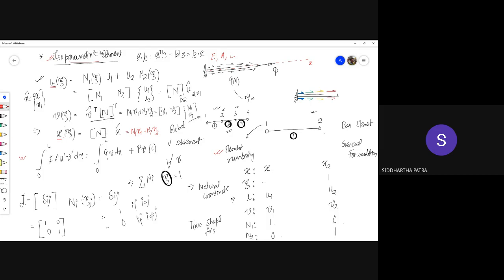And when we do the beam example, you would see that is not generally true. Okay? So these types of elements are called isoparametric elements. Understood till here? Any questions till here? Can you hear my voice?